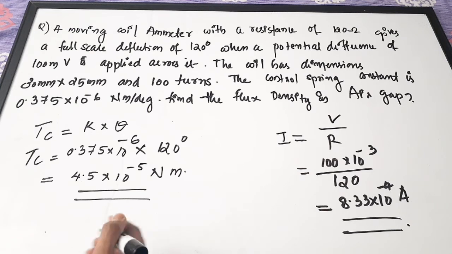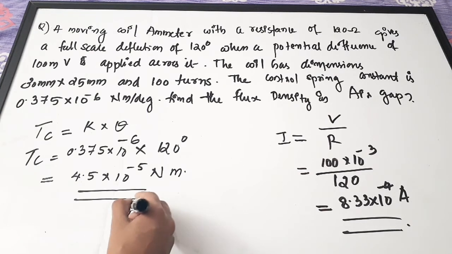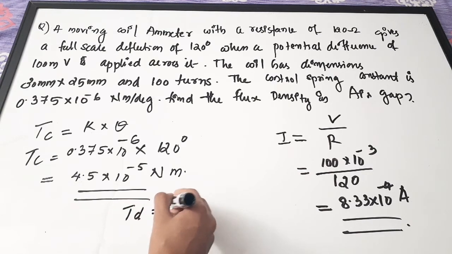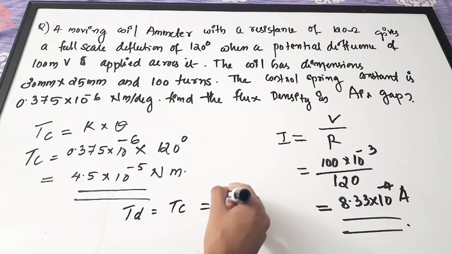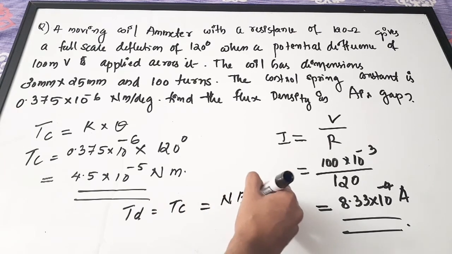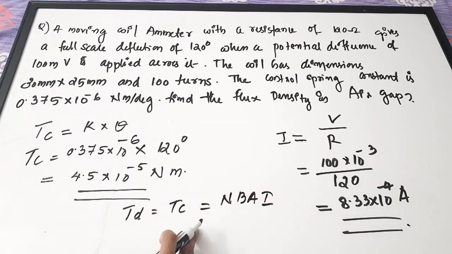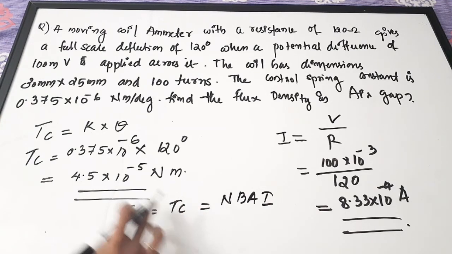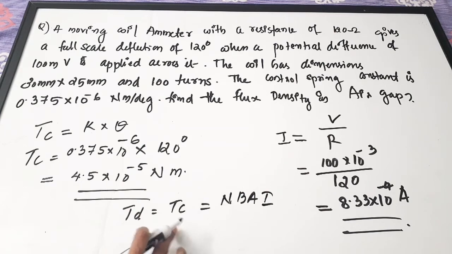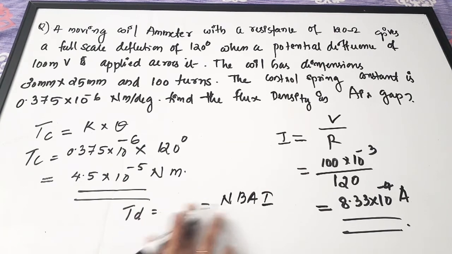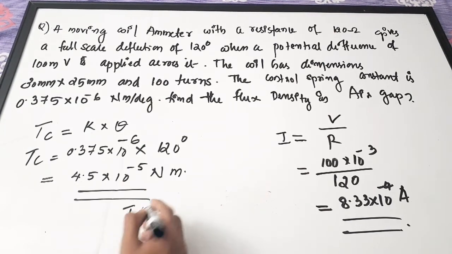Now you can apply in the equation TD is equal to TC, and that is equal to N into B into A into I. We are equating both the torques, and the controlling torque's value is obtained. What is the equation for the deflecting torque?